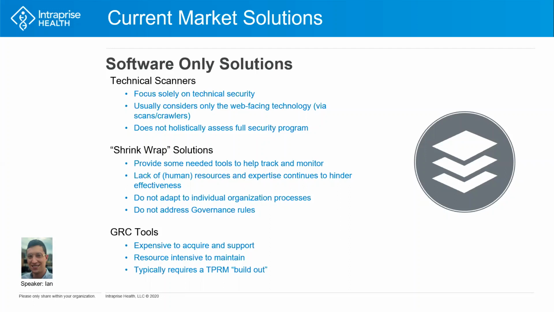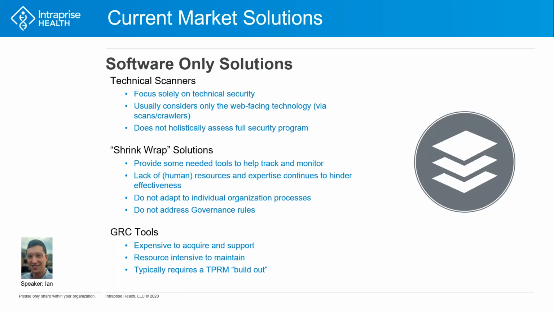There's also something I have labeled as shrink wrap solutions, which are kind of just drag and drop products that one can integrate into their organization to support a third-party risk management program. The challenge there being primarily that internally, we need to staff and resource the use of those solutions themselves.